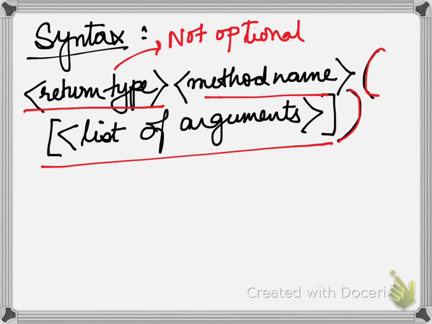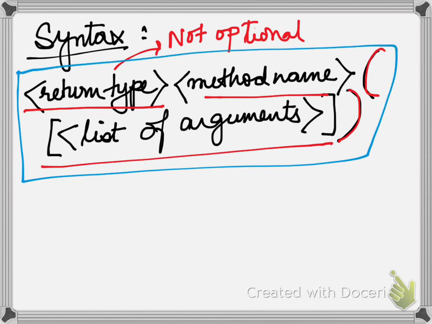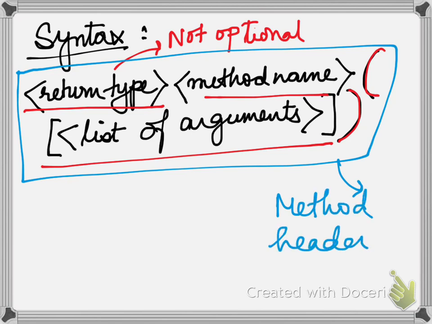Then this whole part together is known as the method header, or the head of the method. Now this head of the method is followed by curly braces.